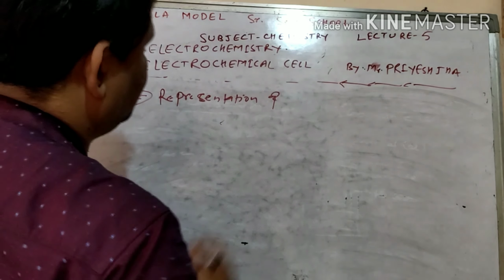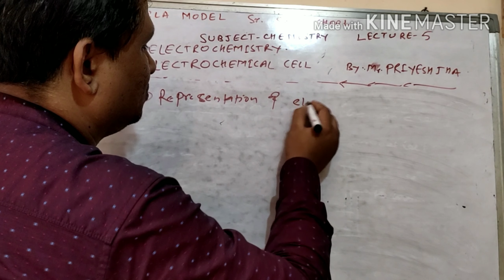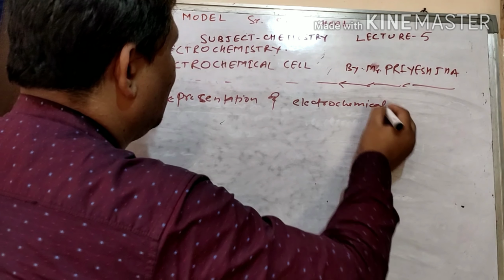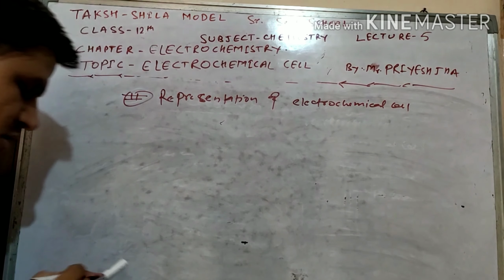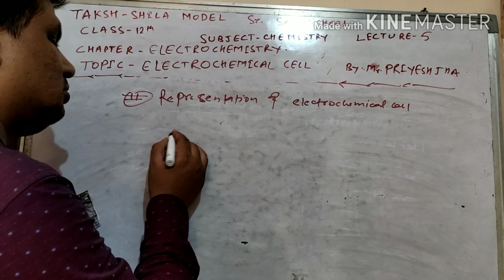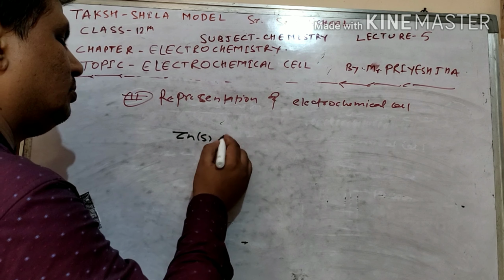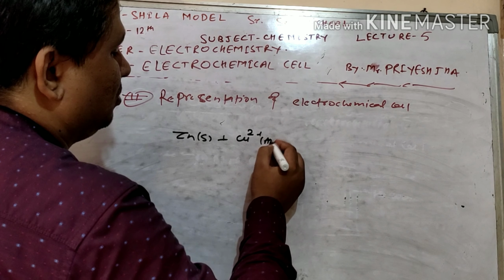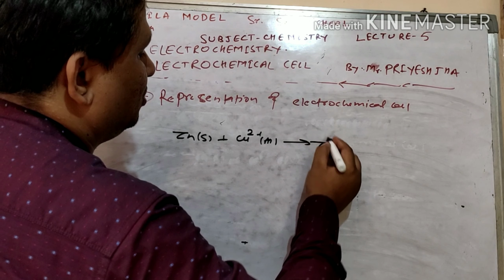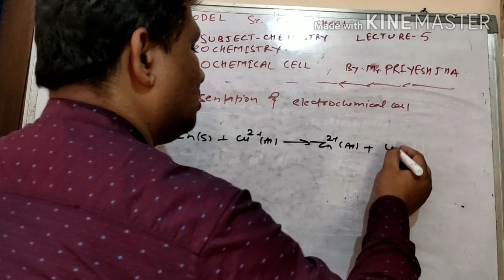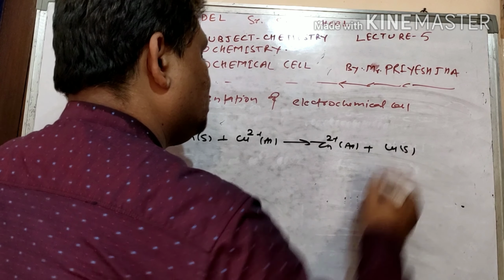Representation of electrochemical cell. For example, take Zn plus Cu2+ gives Zn2+ plus Cu.